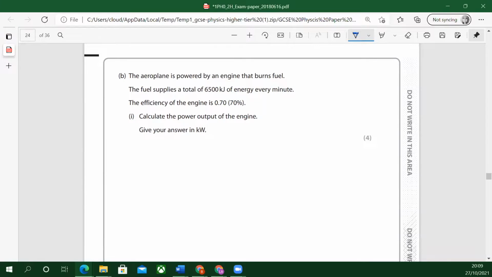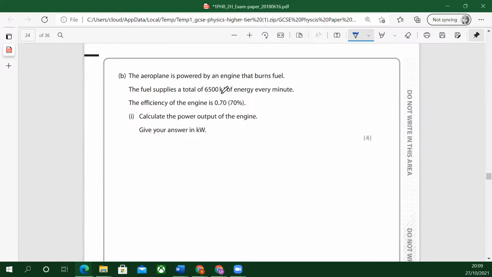The aeroplane is powered by an engine that burns fuel. The fuel supplies a total of 6,500 kilojoules to the engine every minute. The efficiency of the engine is 0.7 or 70%. Calculate the power output of the engine. Give your answer in kilowatts.